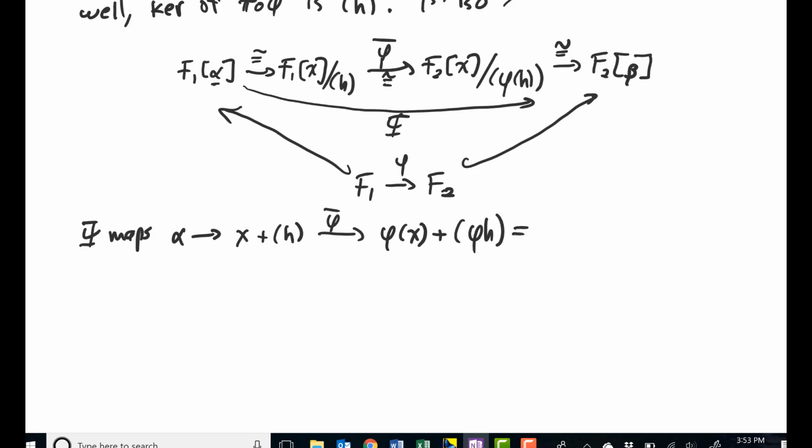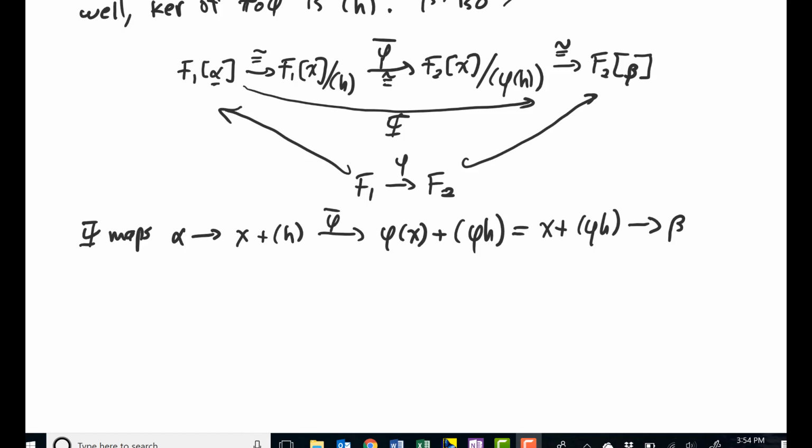But the phi just is applied to the coefficients here, so it's just 1. So it's x plus phi h. And then we go to the last isomorphism, and again, when you attach a root, if you look back again to the proof, that went simply to beta. It just went to beta.